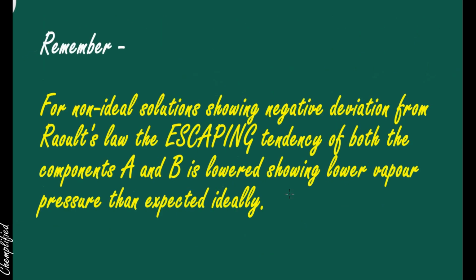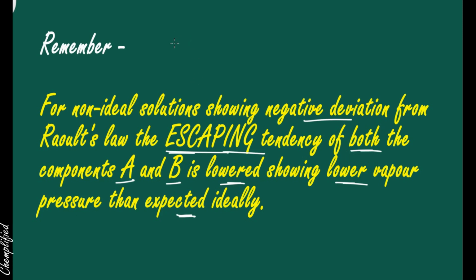Now always remember, for non-ideal solutions showing negative deviation from Raoult's law, the escaping tendency of both the components A and B is lowered, which shows lower vapor pressure than expected ideally. I already talked about it, but let's repeat.